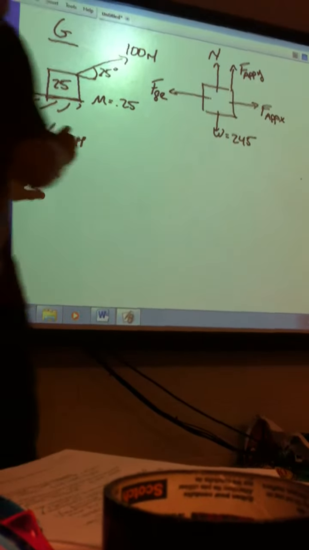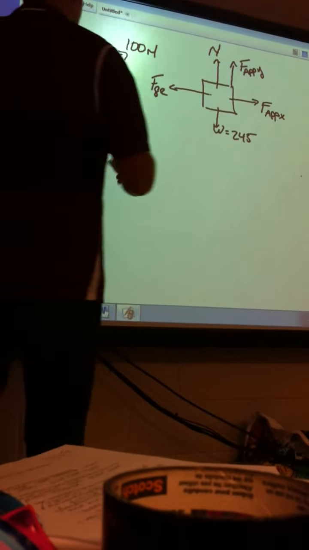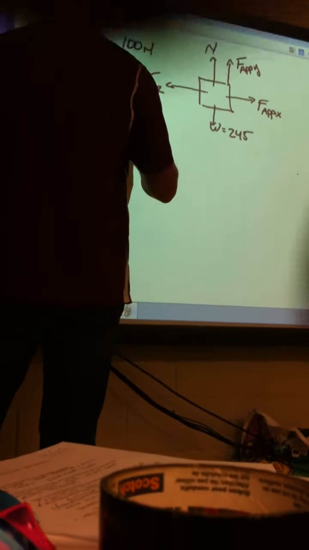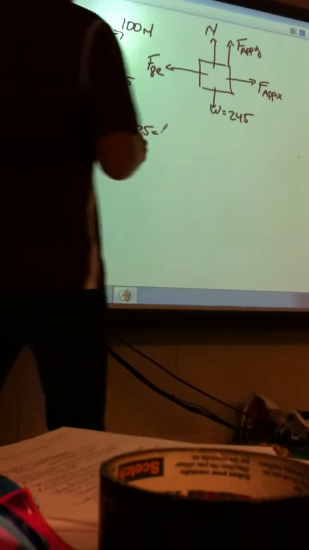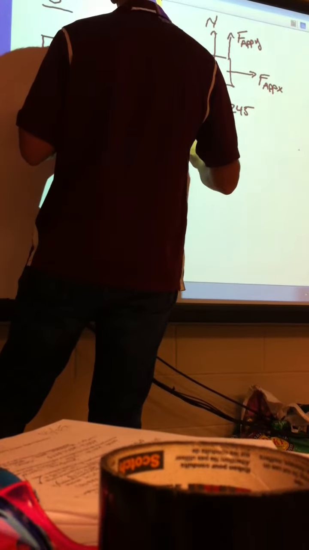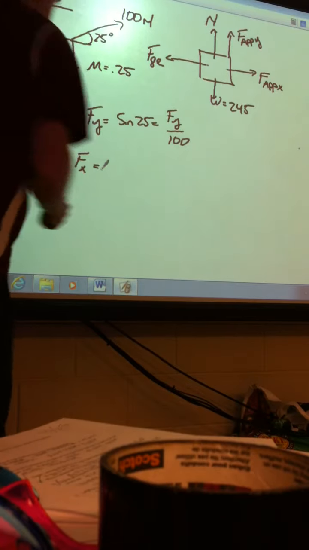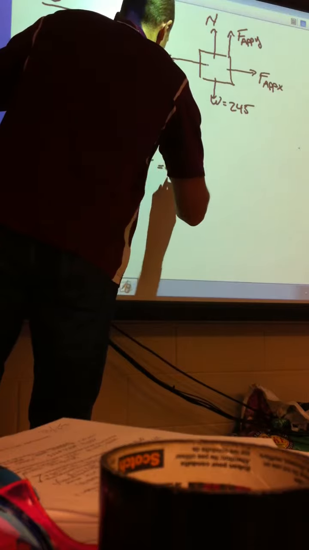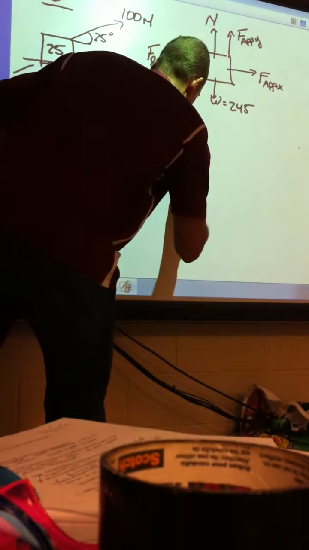Okay, so to find the y, that's opposite, so that's going to be sine of 25 is equal to Fy over 100. And for Fx, that's going to be cosine of 25, which is equal to Fx over 100.